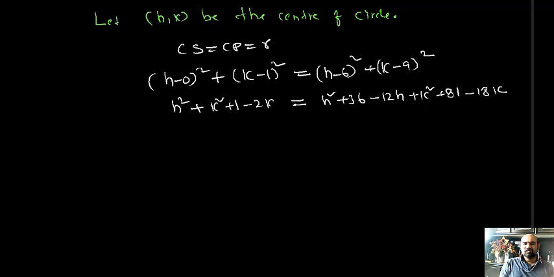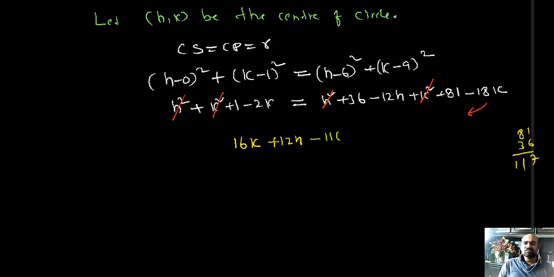Here h square gets cancelled, k square gets cancelled. So what you will get, I will write the result here. Transfer 18k from right to left hand side. So 16k plus 12h, 81 plus 36 is 117, 117 minus 1 is there, minus 118 equal to 0.